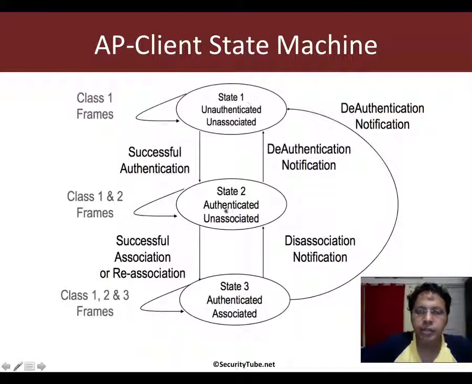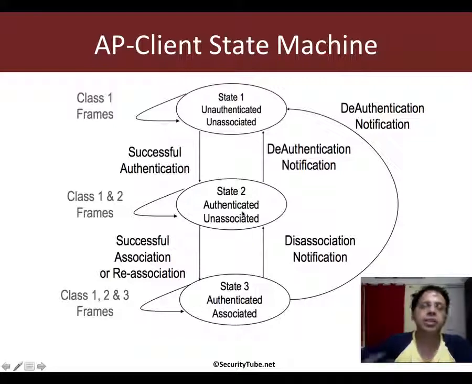Now, there can be a lot of transitions between these states. As an example, if authentication does not succeed, then we are always in state 1. If authentication has succeeded, but we are unassociated for whatever reason, then we are jailed in state 2, right? Now, when we are in state 3, authenticated and associated, if a disassociation packet is sent, then we go back to state 2.